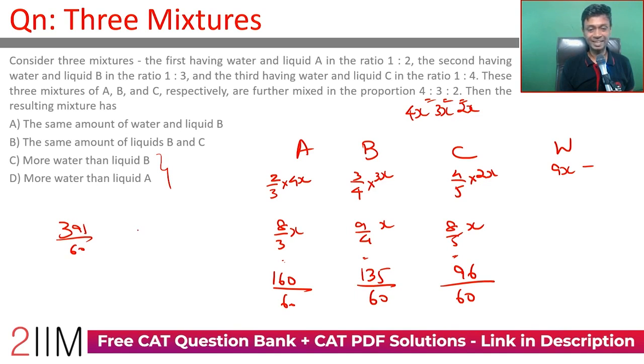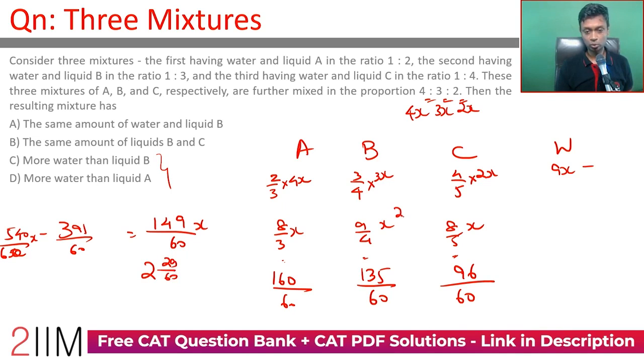Subtracted from 9x. 9x is 540 by 60x. From this we subtract this. This is 9. 13 minus 9 is 4. 4 minus 3 is 1. 149x by 60. This is 229 by 60.